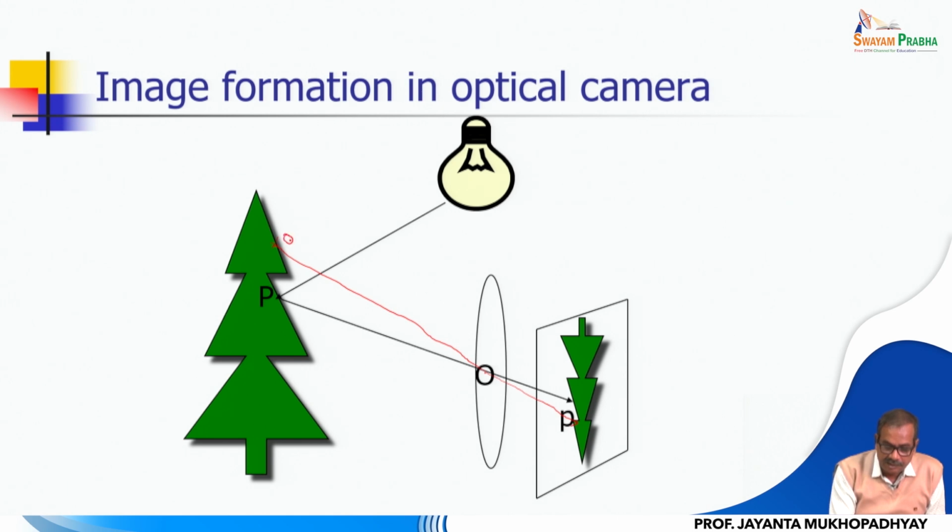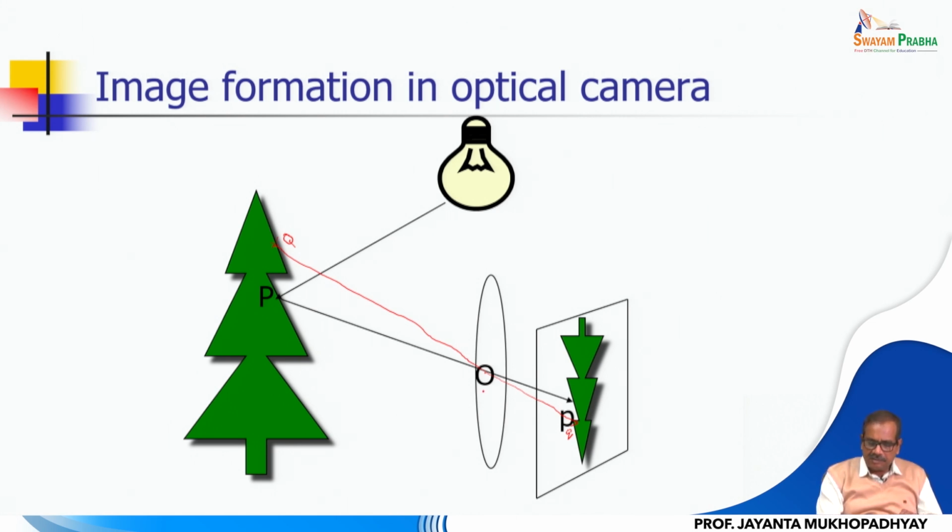Suppose this point is Q, so the image is formed as q. This is the principle by which we can find out how images are formed. This rule is called the projection rule: how do you project 3D points onto the 2D plane.